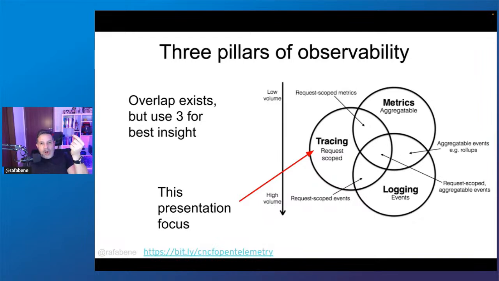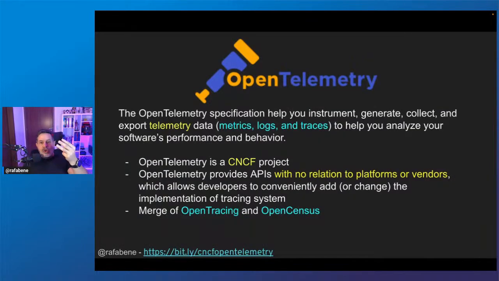And when we talk about observability in these three pillars, we need to understand also about a specification called OpenTelemetry. So OpenTelemetry is a specification, right, that will help you as a developer to instrument, generate, collect, and export telemetry data. What data? The three pillars: metrics, logs, and trace.